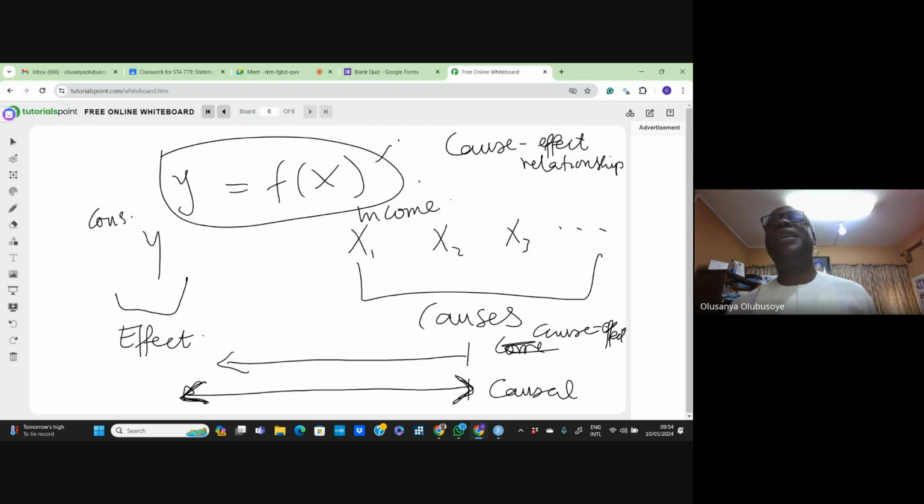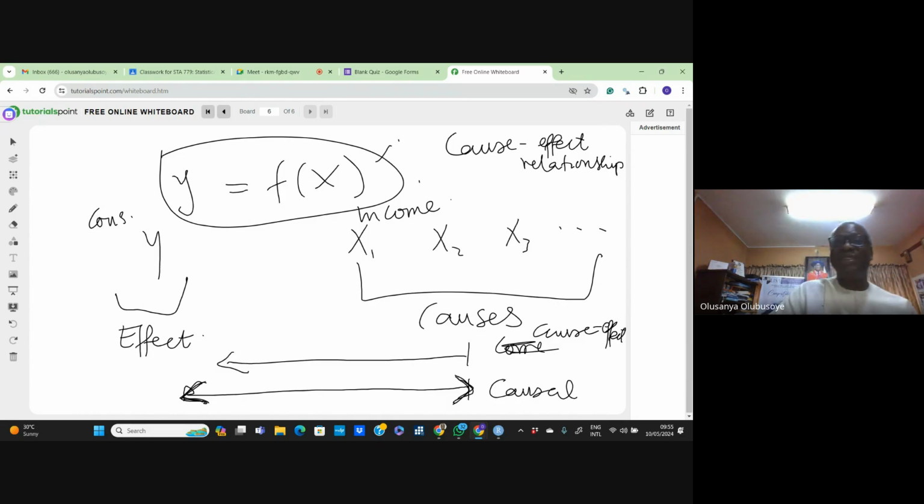Now I want you to think of two phenomena in life that are causal. Before we look, let's think of cause-effect. They tell you now, if you smoke, you are liable to have cancer. So smoking can cause cancer, but cancer cannot cause smoking.